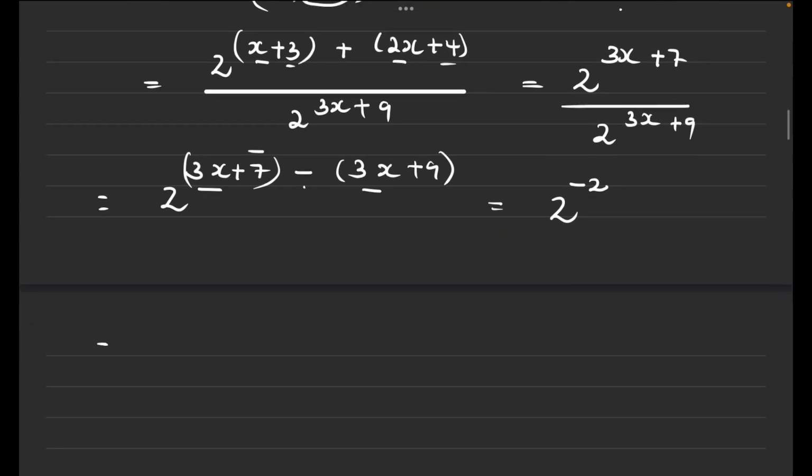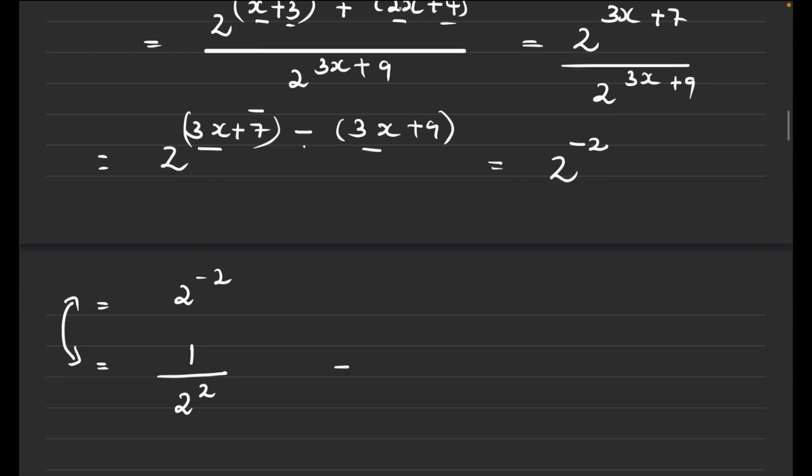So now this is 2 to the power minus 2. As I've said also, this is a negative exponent, so you can change it to a positive exponent by setting it in this fashion. It's going to be 1 divided by 2 to the power 2. So this and this, they are equal to each other.